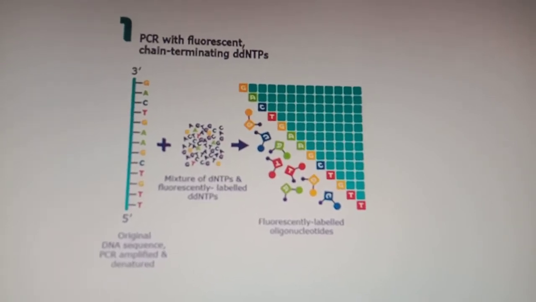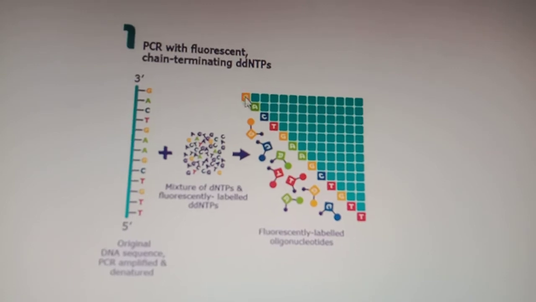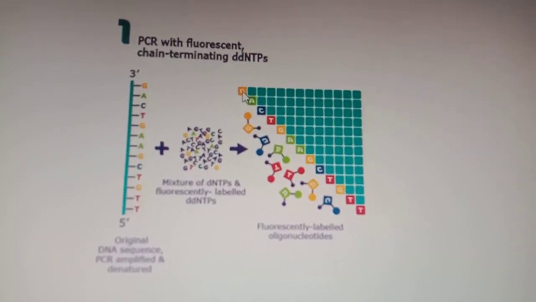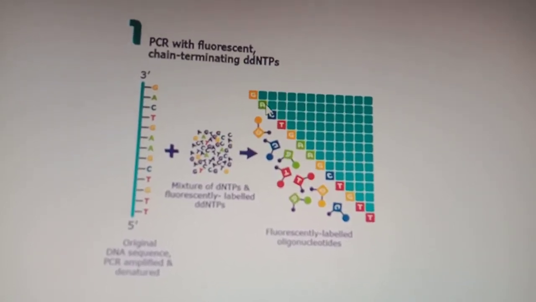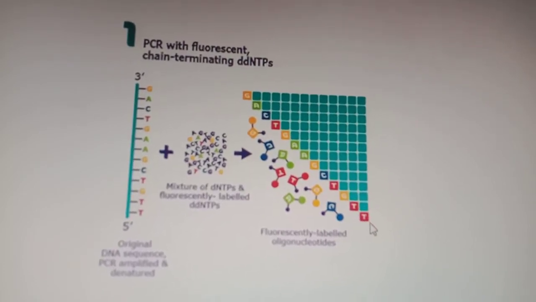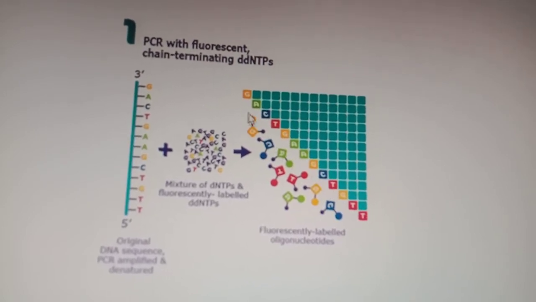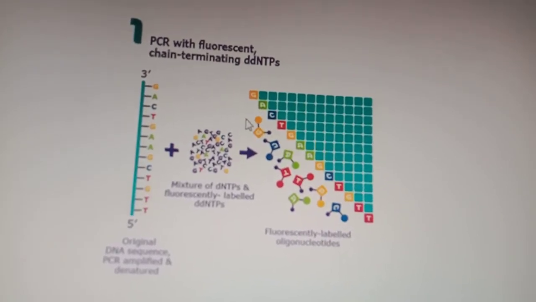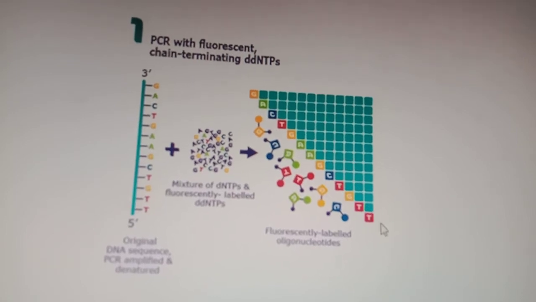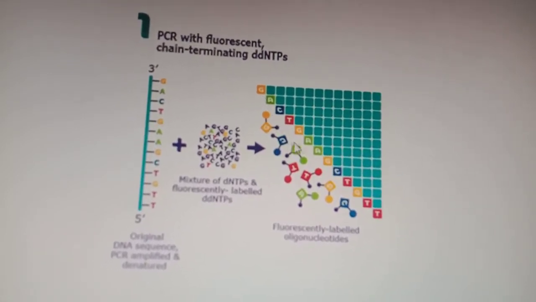So wherever it is incorporated, the chain termination begins and the extension of the chain stops. These dideoxynucleotides are fluorescently labeled, so you can see the fluorescent signal of these molecules.